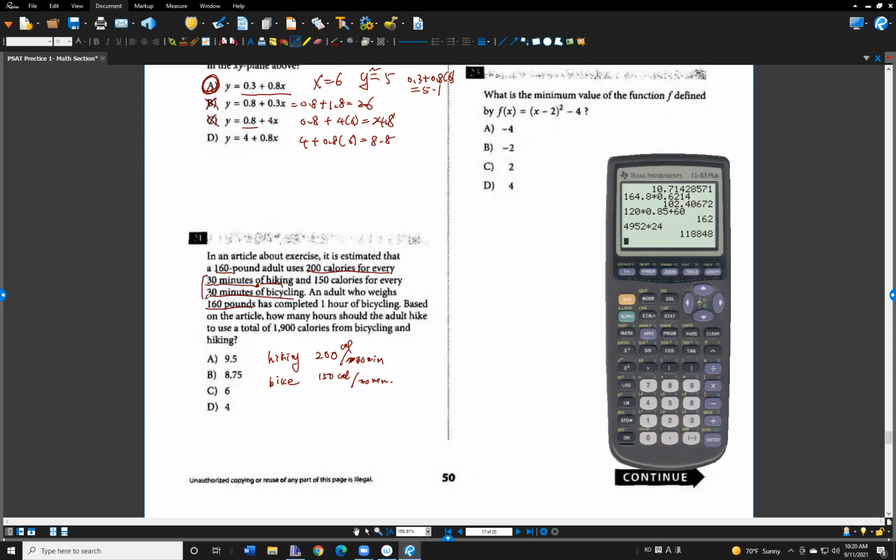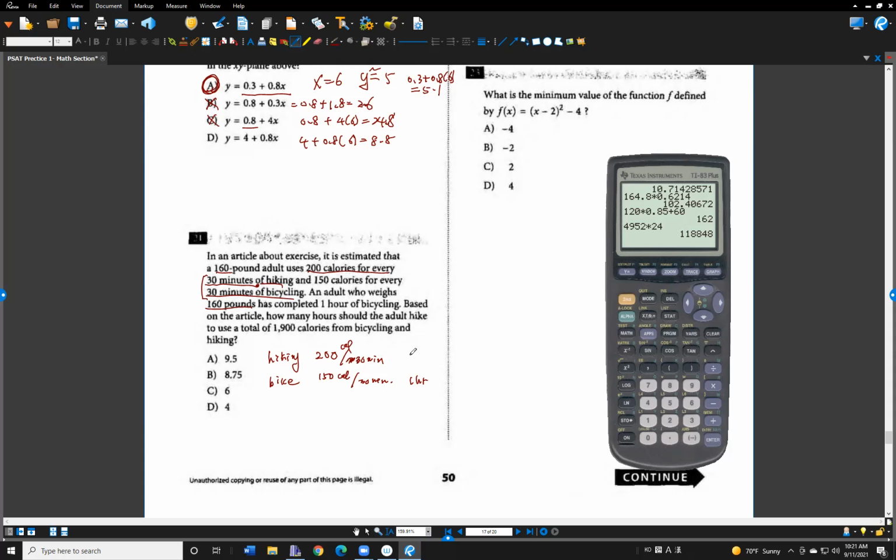We can use this data. But this way it takes 1 hour. Based on the article, how many hours should the adult hike to use a total of 1900 calories, including biking?